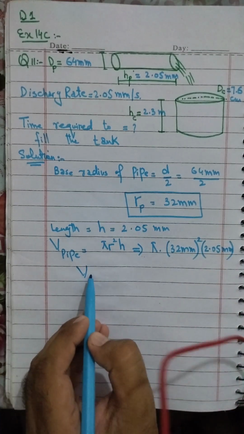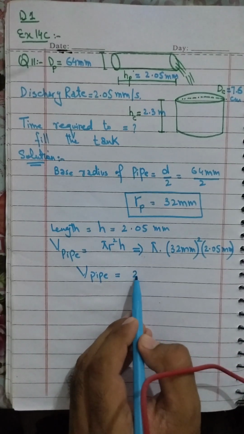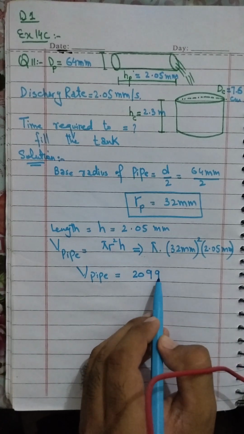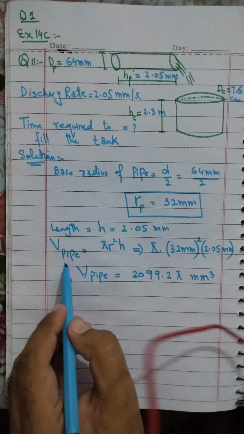Got it? So we will get the volume of the pipe. Actually it becomes 299.2 pi millimeter cubed.